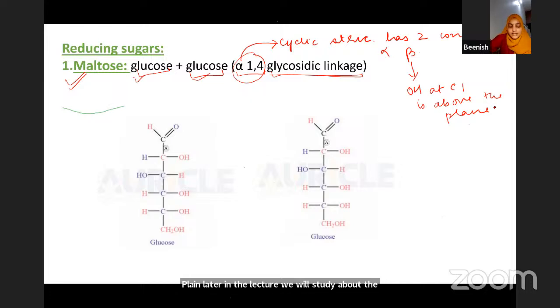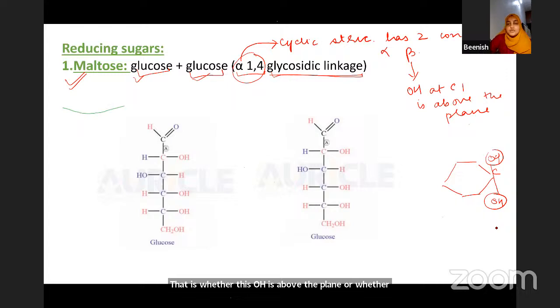For now, just understand that in the cyclic structure, at carbon 1, depending upon the conformation of the OH, that is whether this OH is above the plane or below the plane, it is given alpha and beta conformations.